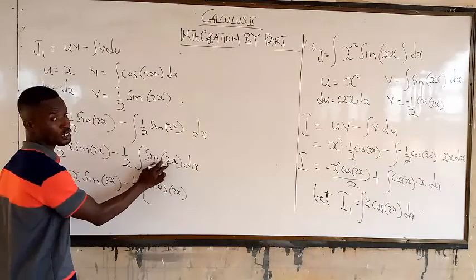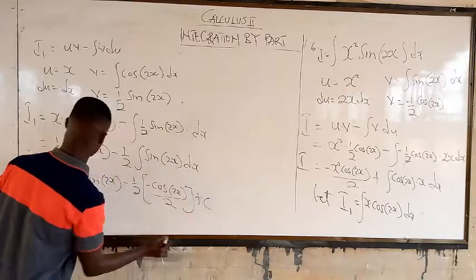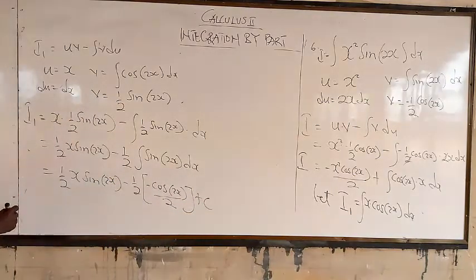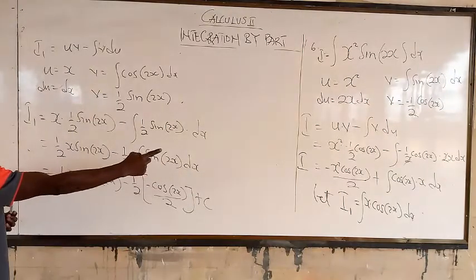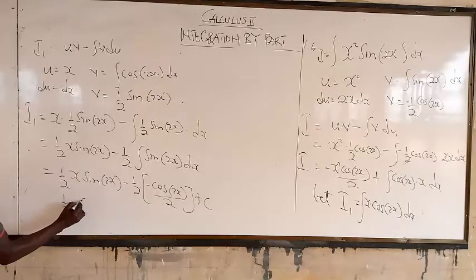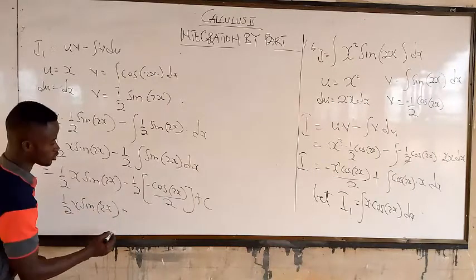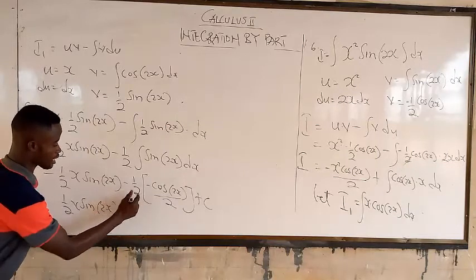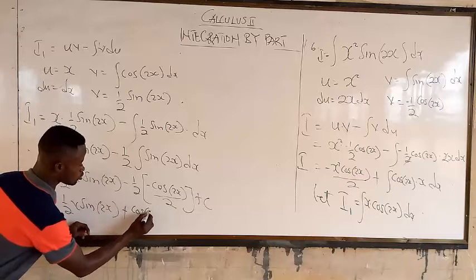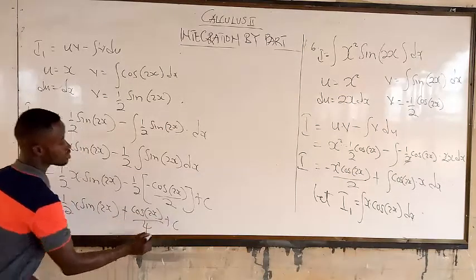Then go 2 here, all over 2 plus c. As I said, you can choose not to bring it in case you will not forget when you are coming back to write it back to this side. So here you get half s sine 2s minus. Now, again, you get cos 2s all this over 4 plus c.